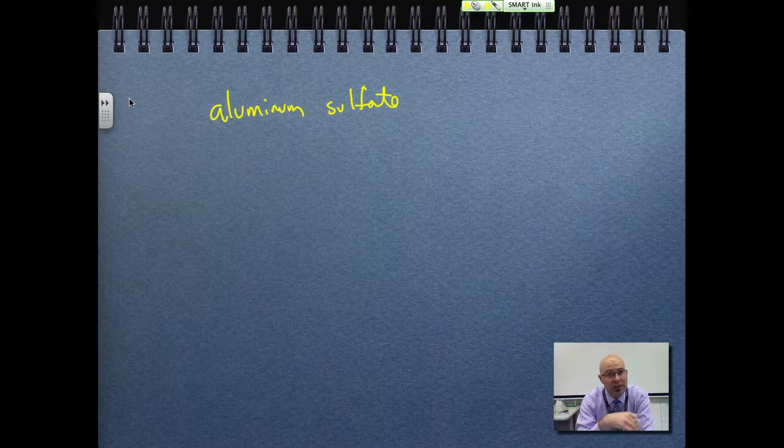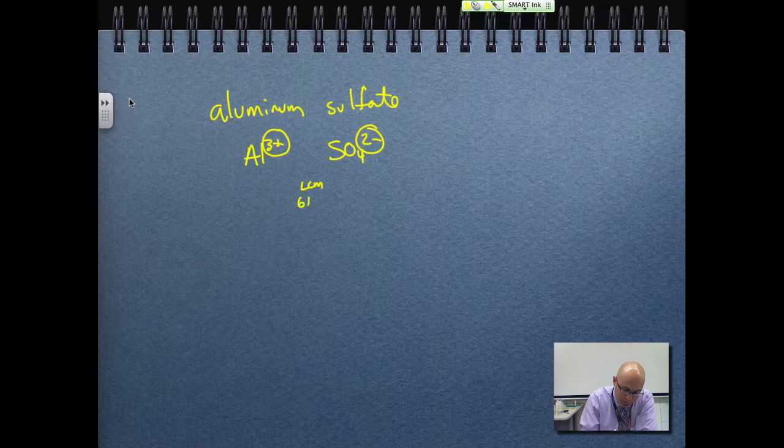So we should know that this is an ionic compound, aluminum getting together with sulfate. We remember that aluminum, we look to the periodic table, is a 3+. Sulfate is one of those polyatomic ions, SO4 with a 2- charge. We've got a 3+, a 2-. We need to find the least common multiple, which of course is 6.